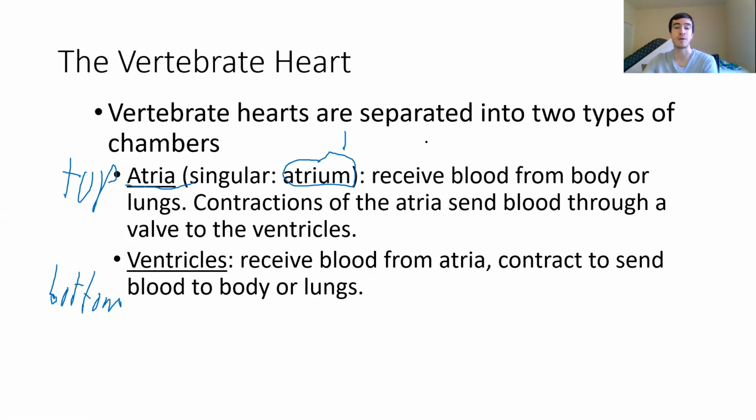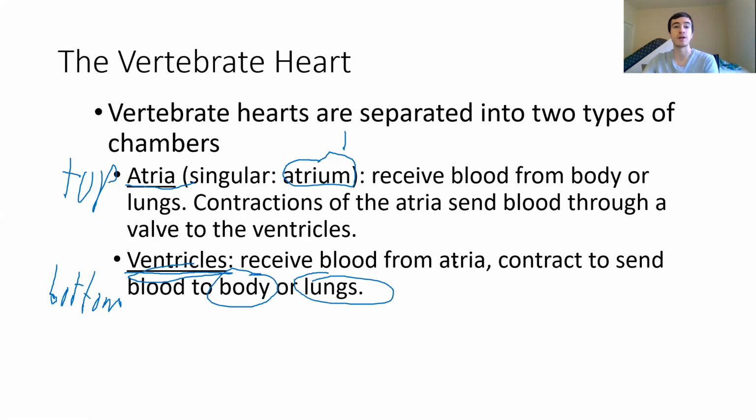So the atria in the top of the heart get blood in from the body. The ventricles in the bottom of our heart get the blood from the atria and then push that blood out into the rest of the body or out to the lungs.